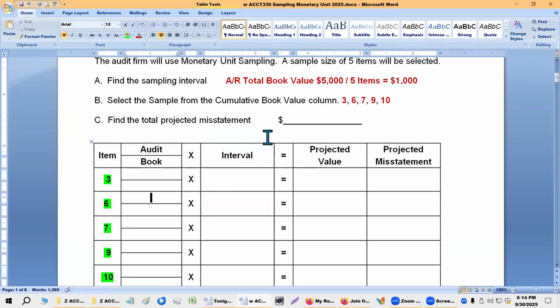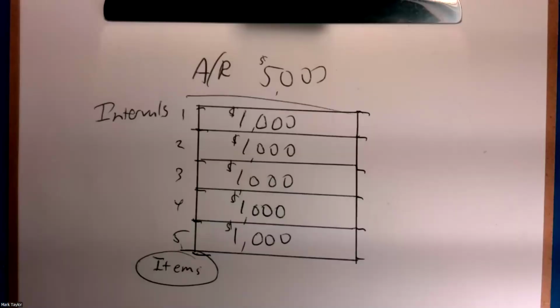Okay, so this is what we're gonna end up doing. It's sort of like the mini kind of ratio analysis, audit over book.